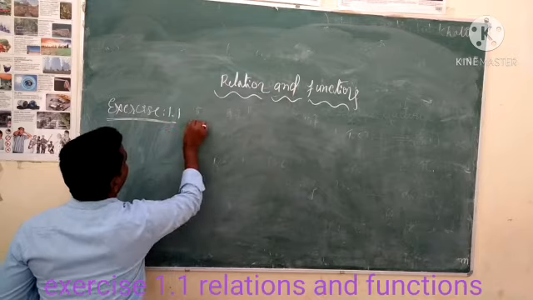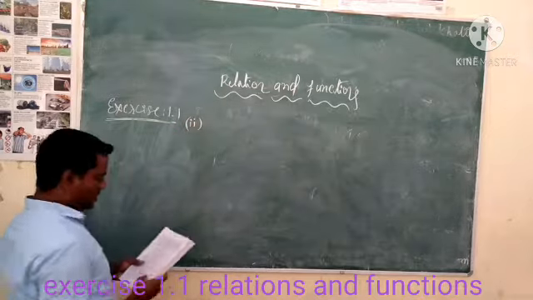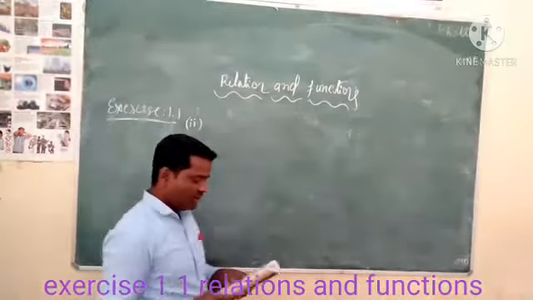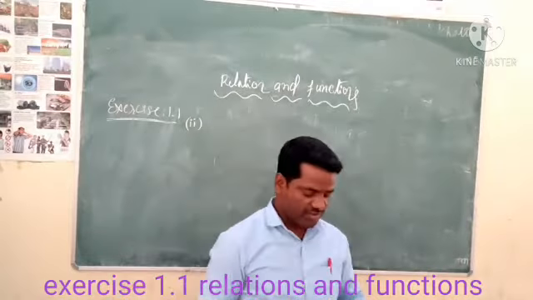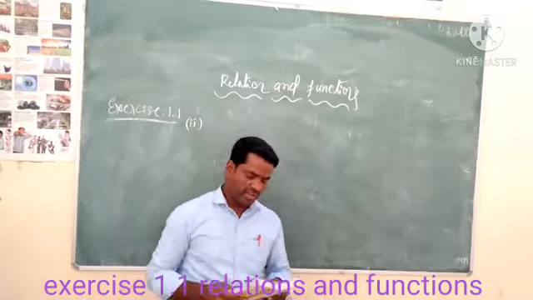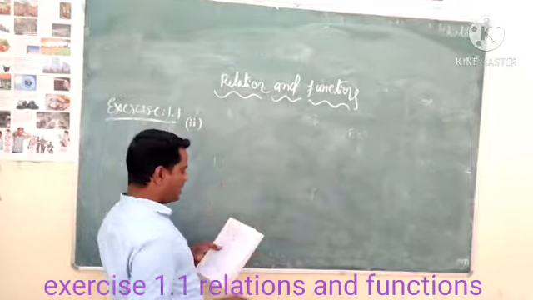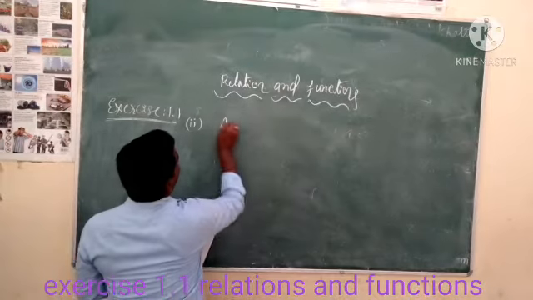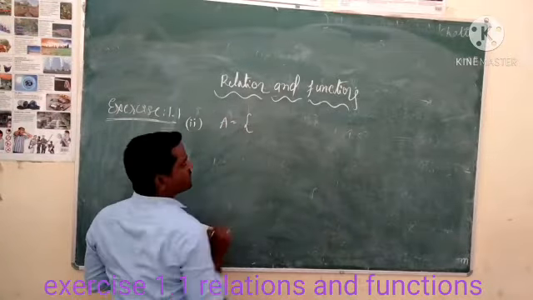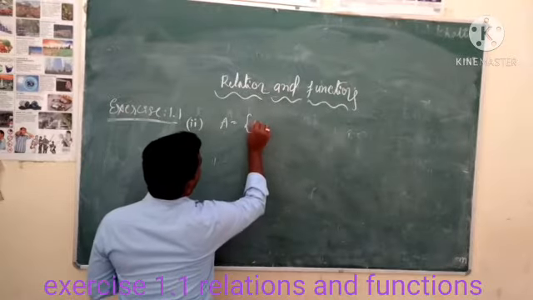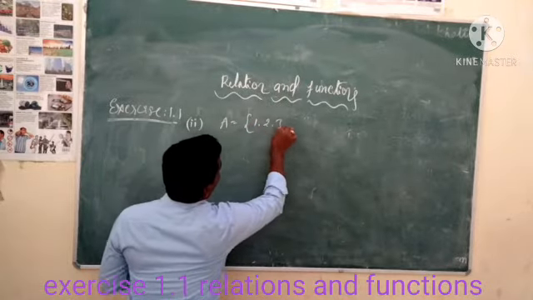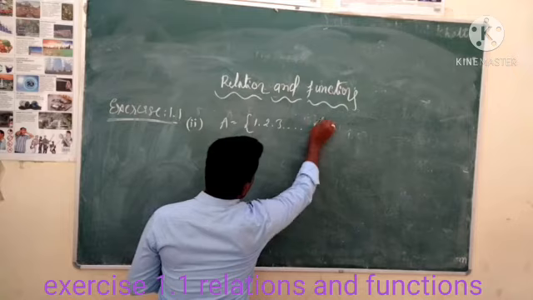In the second question, we have the relation R in the set N of natural numbers defined as R = {(x, y)}. Here the set is the set of natural numbers 1, 2, 3 up to positive infinity.